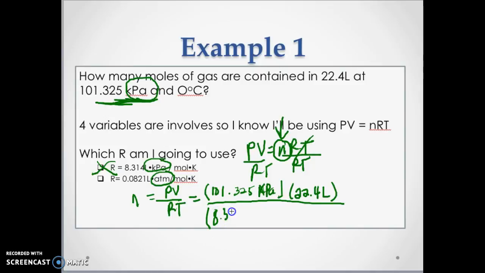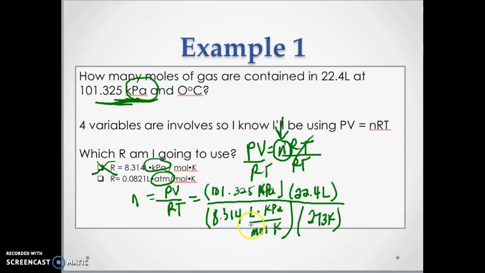So 8.314 liters times kilopascals divided by mole Kelvin. Okay, so then we put the temperature, which is in Kelvin, 273.